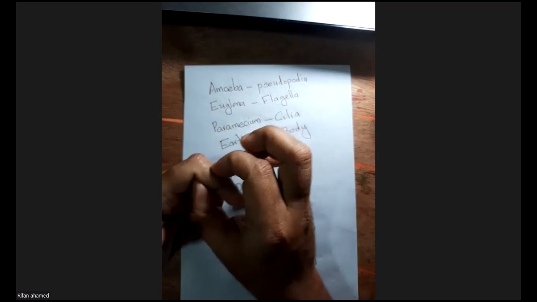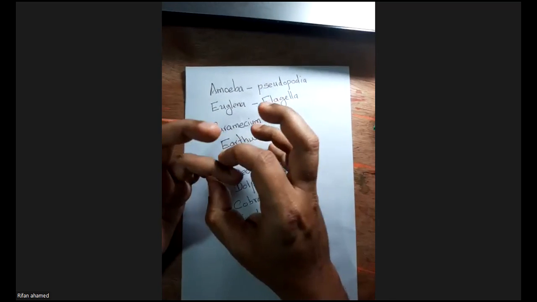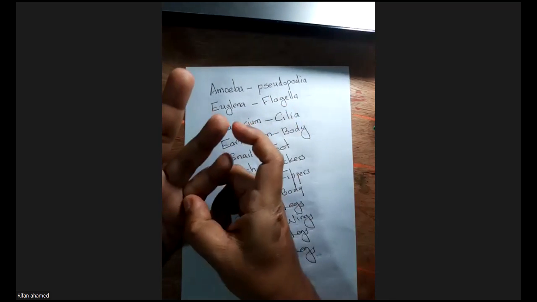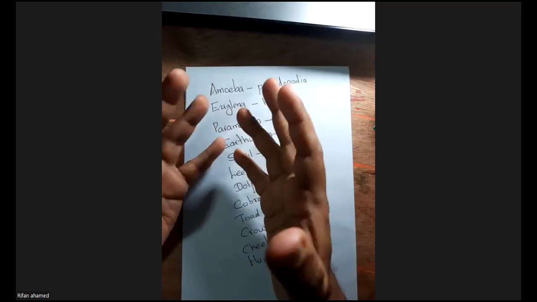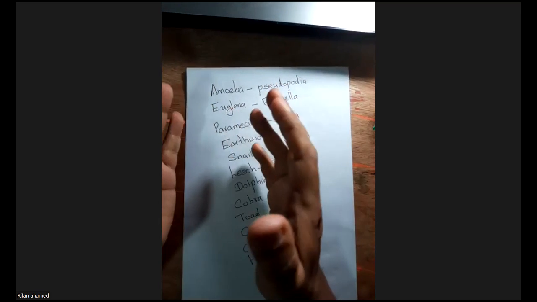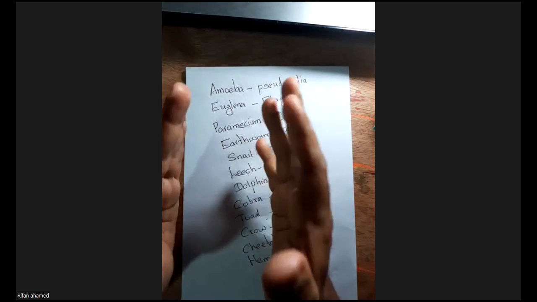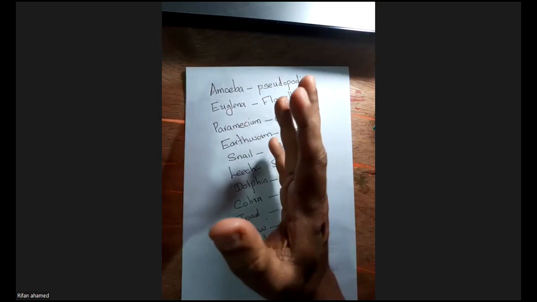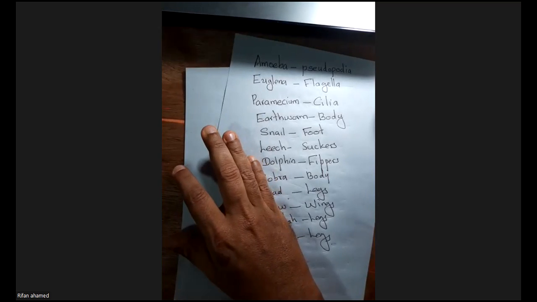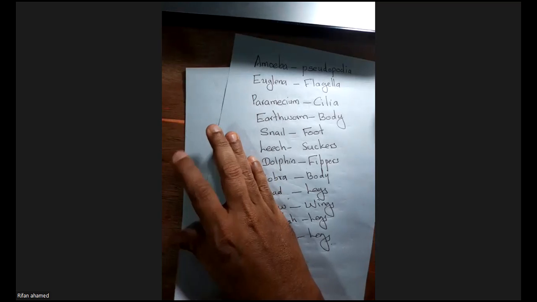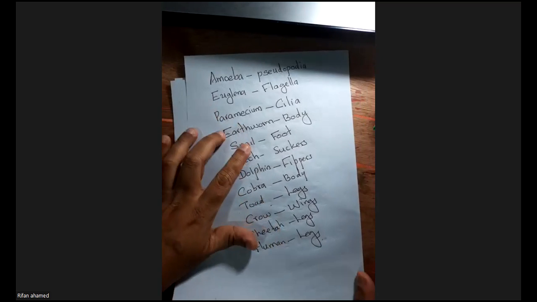So between the bones, there are joints. Bones, muscles, joints can be seen in vertebrates. Invertebrates have muscles only for movement. Vertebrates have bones, muscles, and joints.